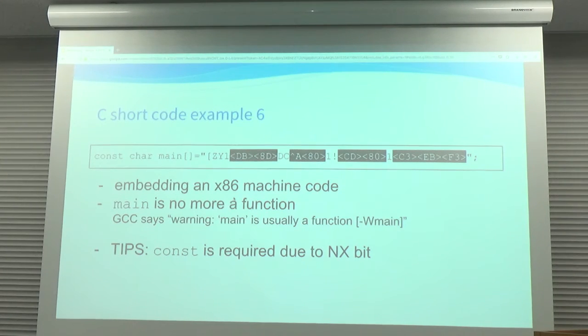I know. And a tip: here is const. Why const is needed is due to the NX bit. Old judge systems do not require this const, but recent judge systems require it.